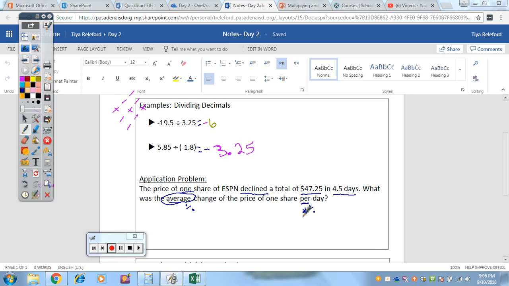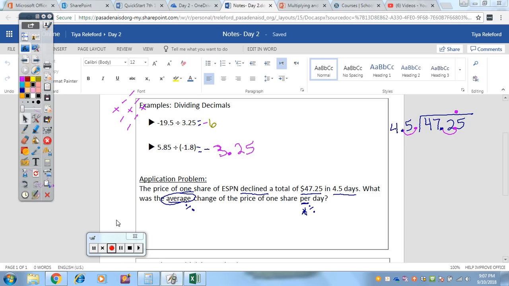Knowing that I have average, it looks to me like I need to divide. So we want to know how many dollars per day. Yep, move this one once and move this one once. Take it straight up.